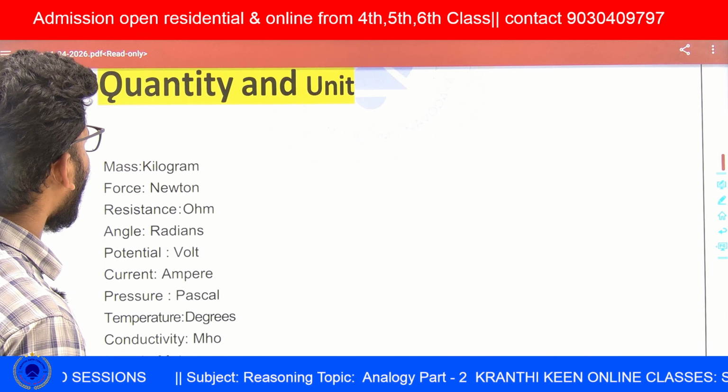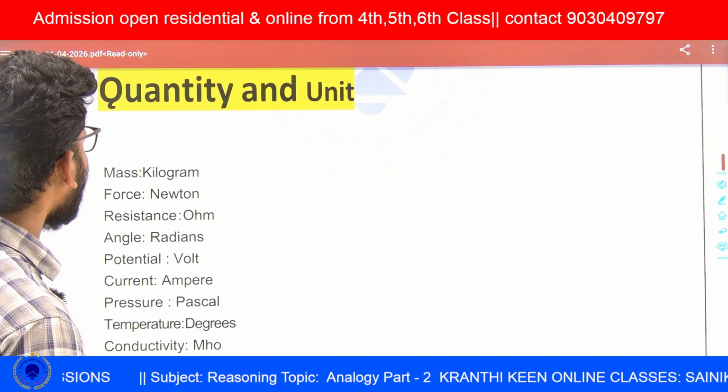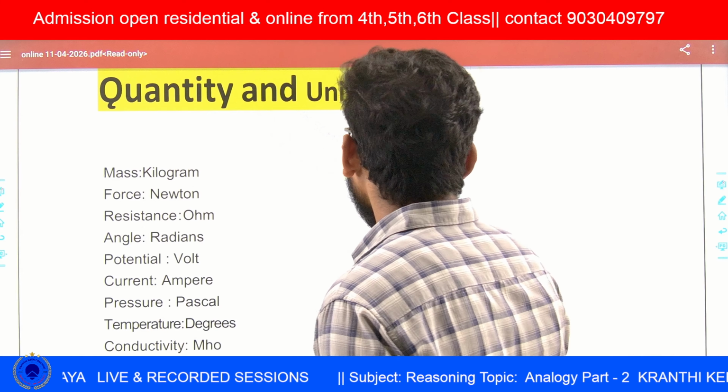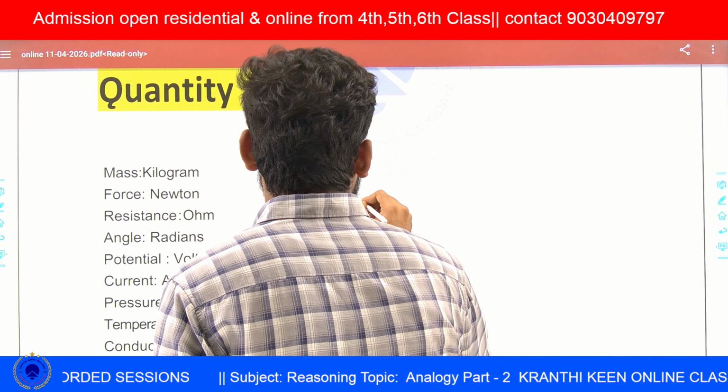See, mass, kilogram: quantity, measurement, instrument and unit. You should not confuse these. Mass is measured with what? A balance, right? Have you heard of a balance? That is the instrument.